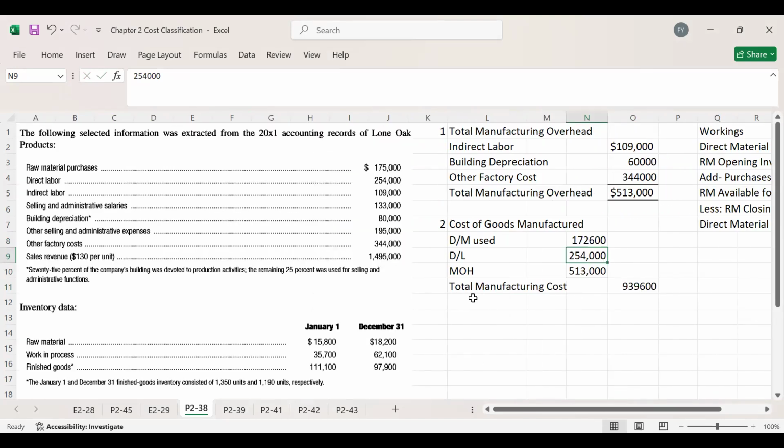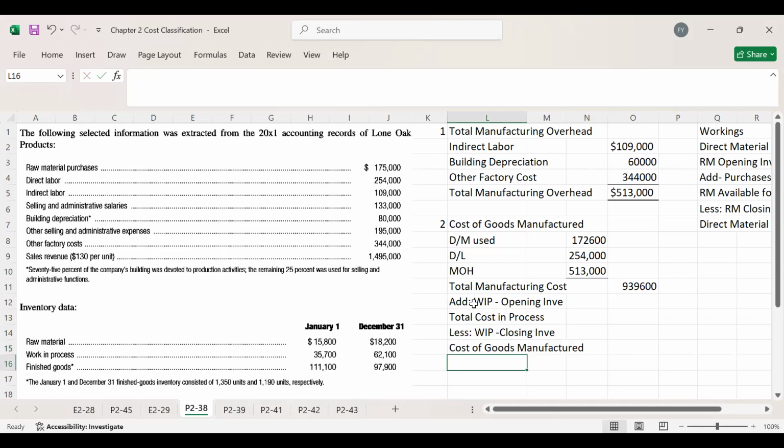Then the next step is to add work in process opening inventory in order to get total cost in process. And then we will deduct work in process closing inventory to get cost of goods manufactured.